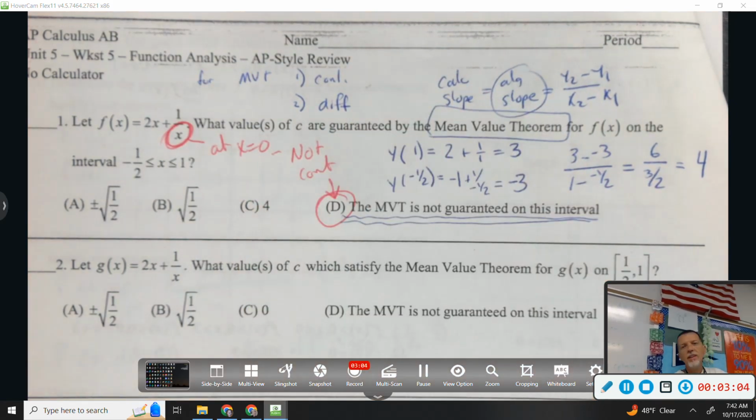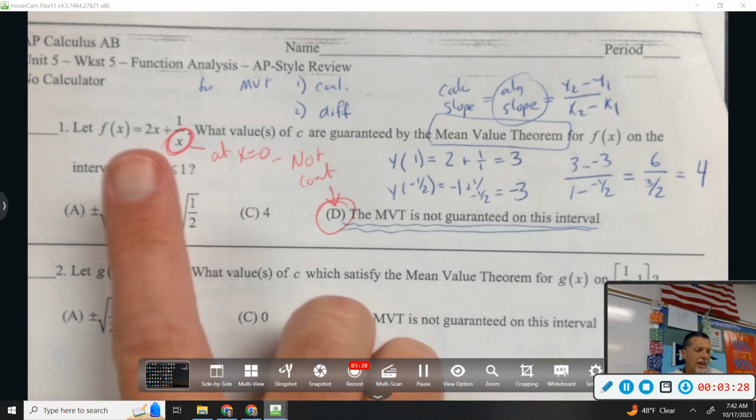So I spun my wheels a little bit. Probably should have read the answers first, and that's what caught my attention, when that option was there. I was like, wait a minute, I better make sure this is even possible. My guess is if you do the problem, you might get an answer, but it's not guaranteed by the MVT because this is not continuous.